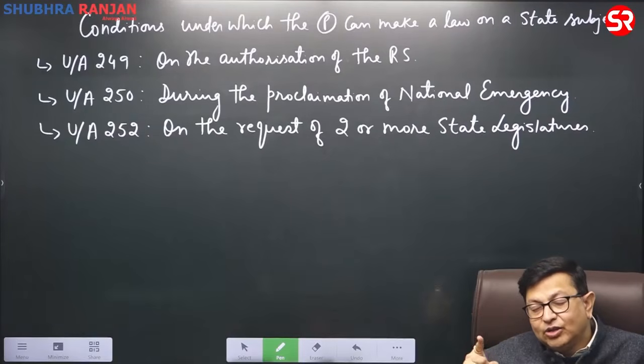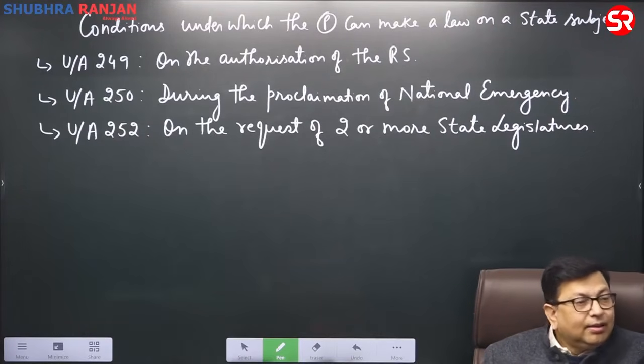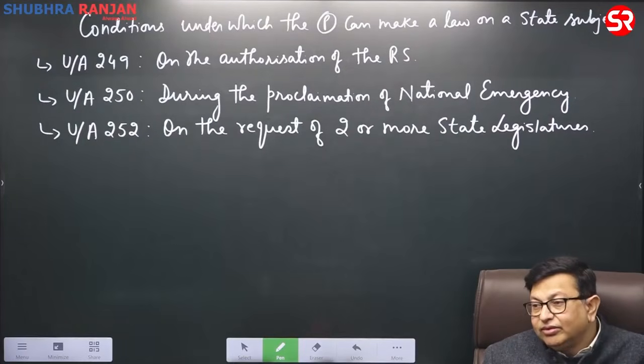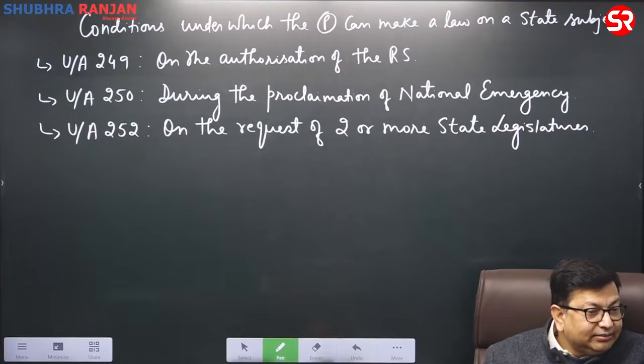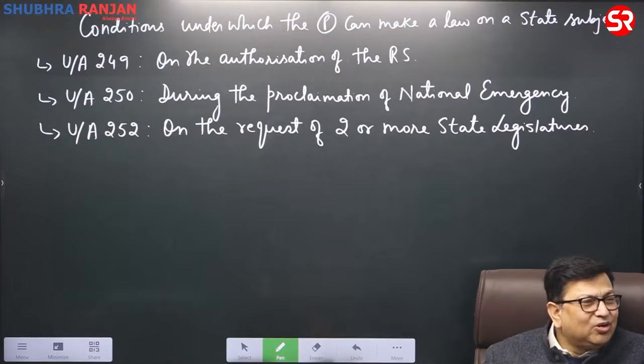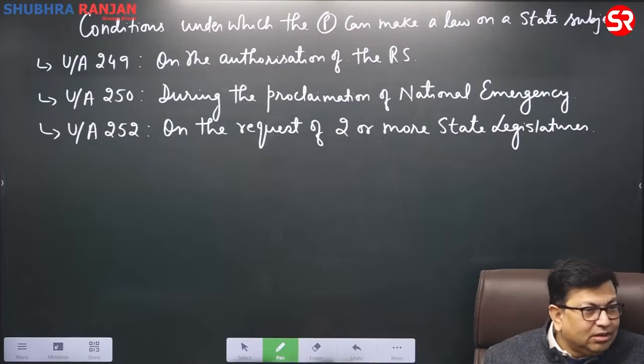Revoke or repeal, you can write repealed, by the parliament only on the request of the concerned states. So it is not that the concerned states will say, oh no, we'll not follow it now. If they want, they will have to request the parliament again that you revoke it, you repeal it. And if the parliament will repeal it, then only the law will be repealed. Otherwise, it will be binding.